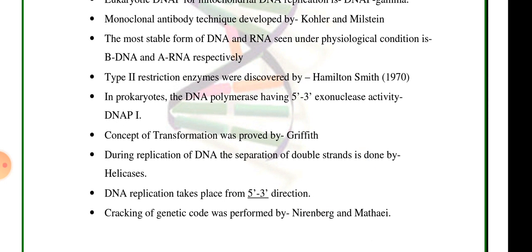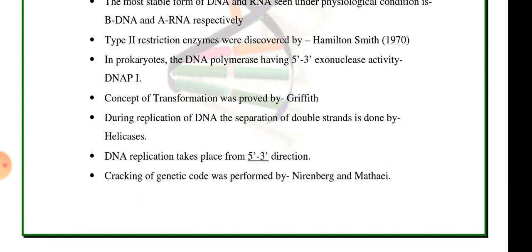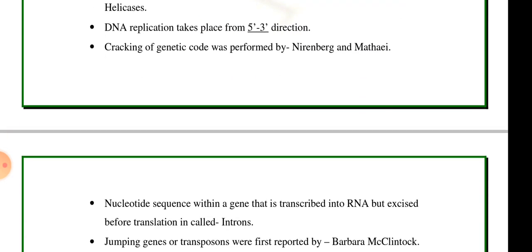Cracking of the genetic code was performed by Nirenberg and Matthaei. Nirenberg cracked the genetic code. Nucleotide sequences within a gene that are transcribed into RNA but excised before translation are called introns.